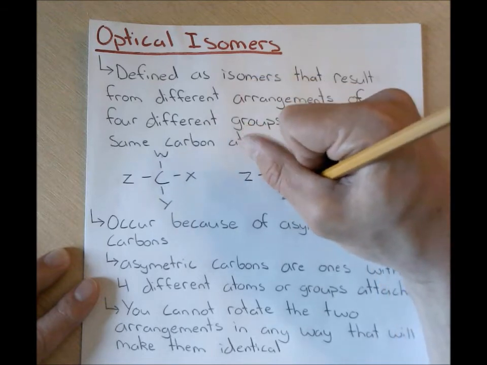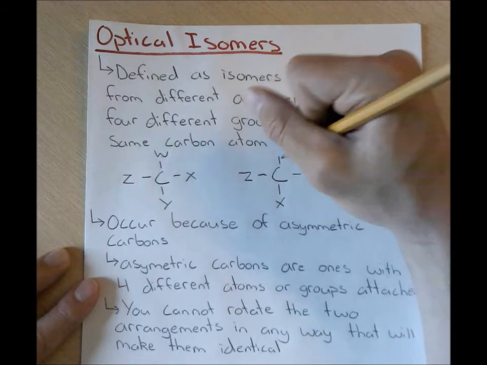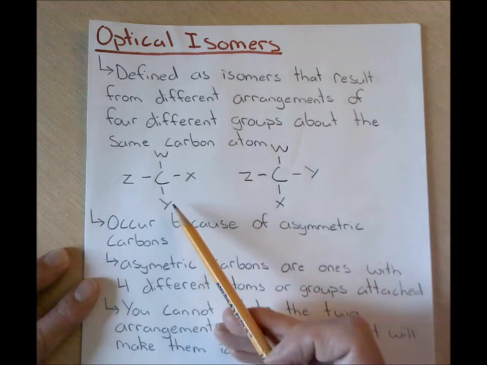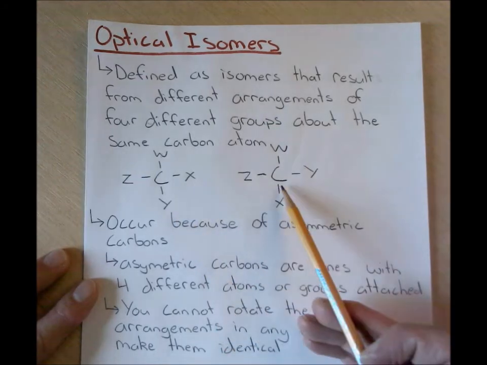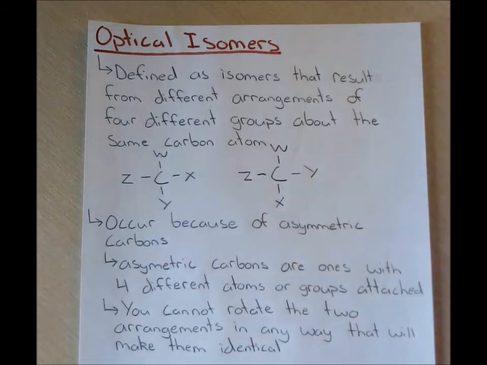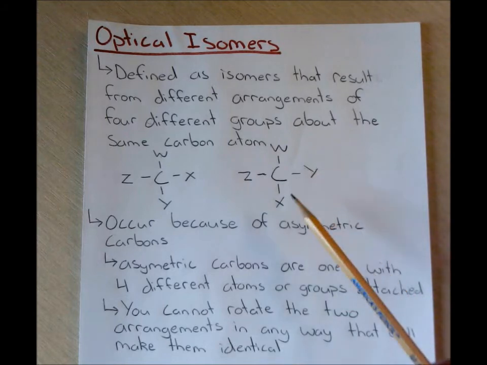And no matter what we do, we could flip, we could rotate, we could do whatever we want to this left-hand side one, and it's never going to result in this particular arrangement. So that's what that bottom point is talking about.